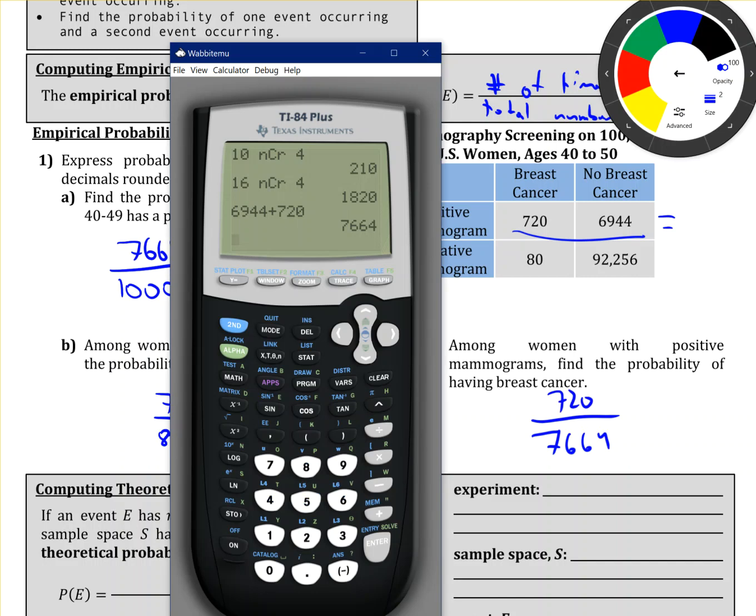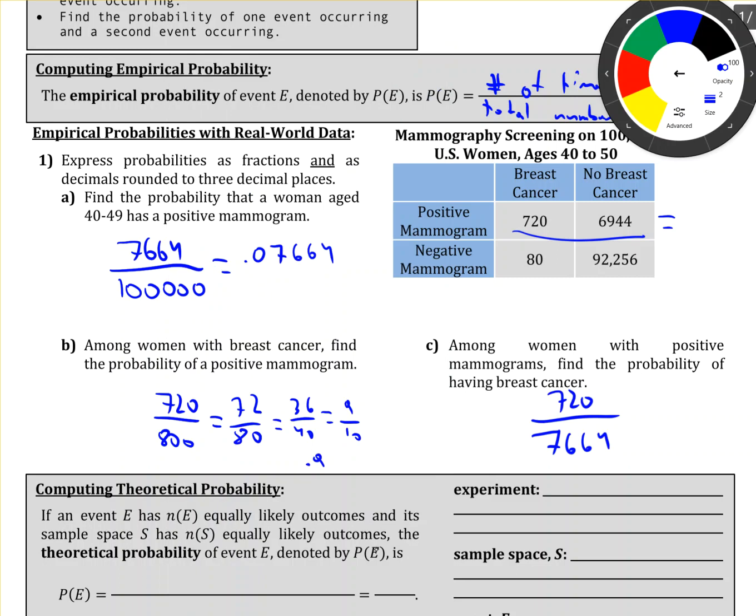So I get 720 divided by 7664, and I get 0.093 or 0.094. And I didn't really follow directions up here. I should probably have just done 0.077 because that's 3 decimal places. All right.